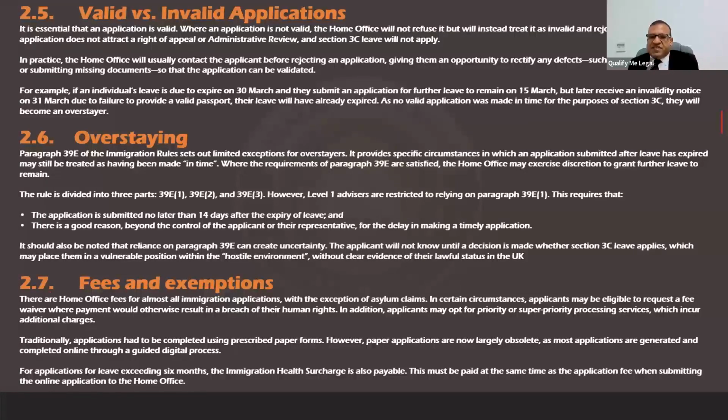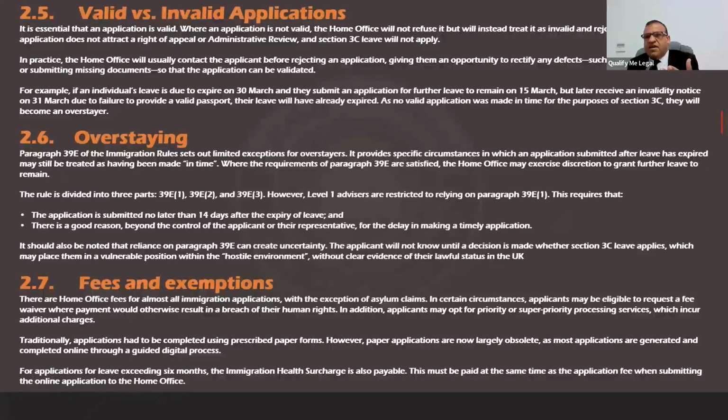So do not put yourself or your client in a vulnerable situation. Obviously, you are putting the whole situation in the Home Office's hands, and you can put yourself and your client in misery and in a hostile environment.